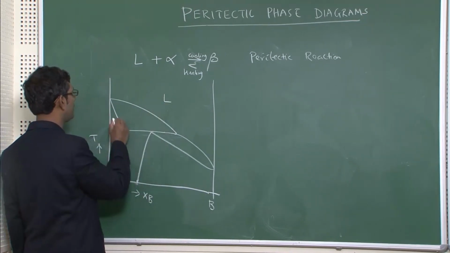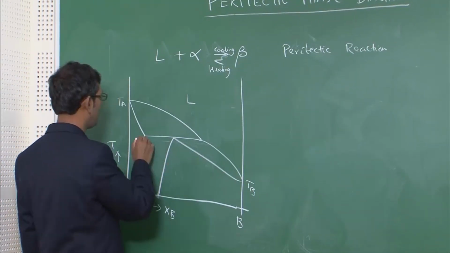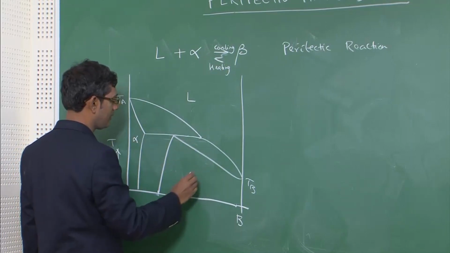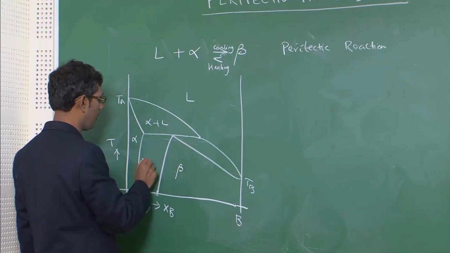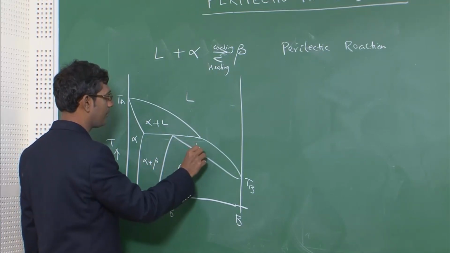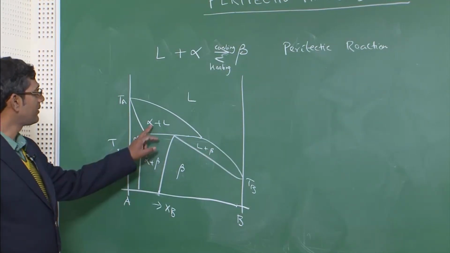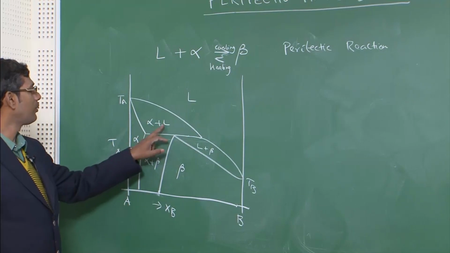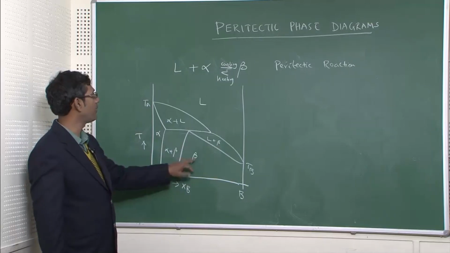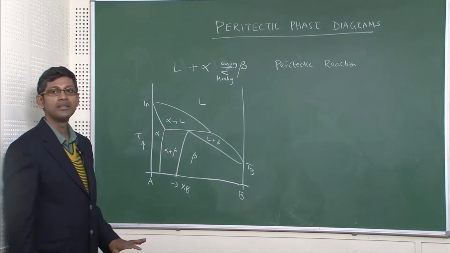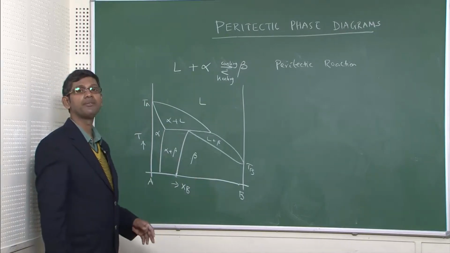So this is pure liquid, this is the melting temperature of pure A, melting temperature of pure B, alpha. This is alpha plus liquid, this is beta, the alpha plus beta, and liquid plus beta. So you can clearly see again there are 3 two-phase fields, liquid plus alpha, liquid plus beta, alpha plus beta, and 3 single-phase fields, liquid, alpha, beta, same like eutectic systems, but the diagram is completely different.